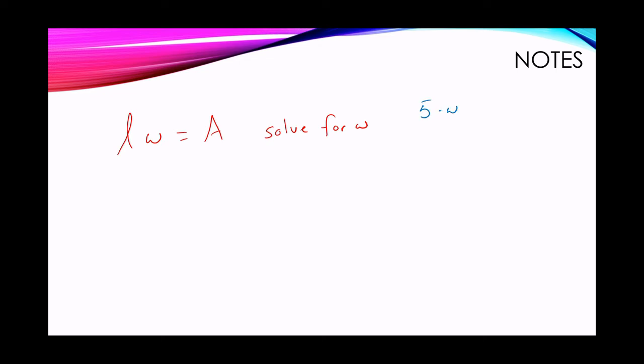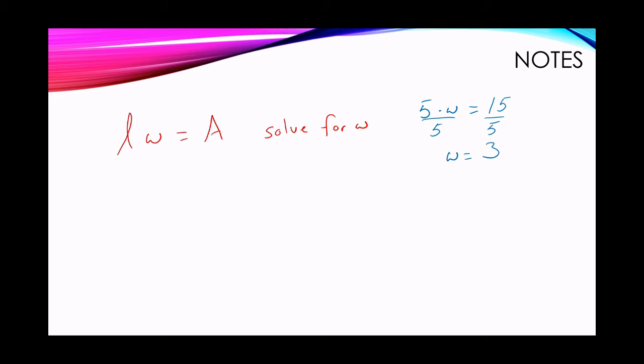I don't know what the width is, but I do know that the area is 15 square inches. Well, hopefully you can figure out quickly that you just need to divide by 5 on both sides, and then you've figured out that the width is 3 inches.